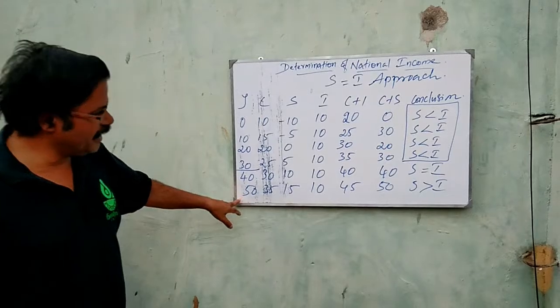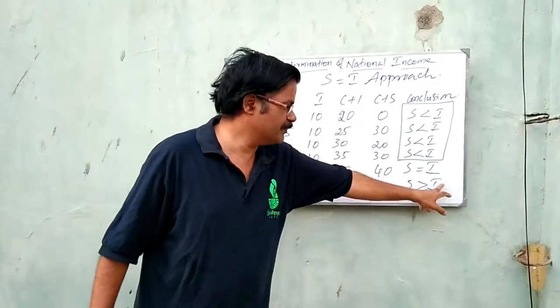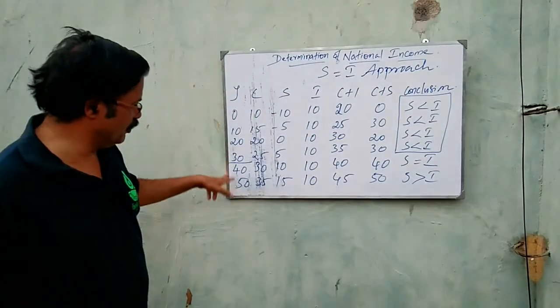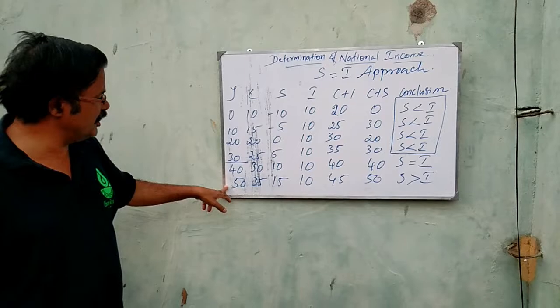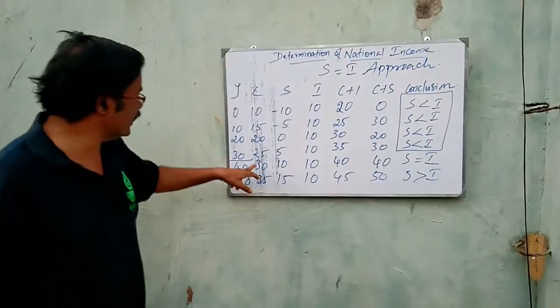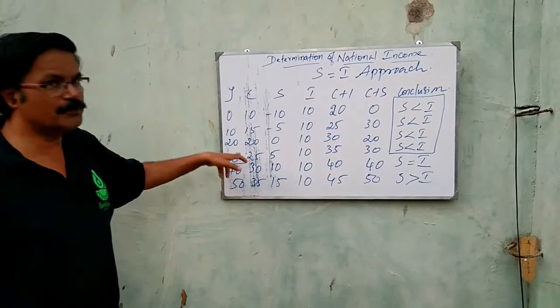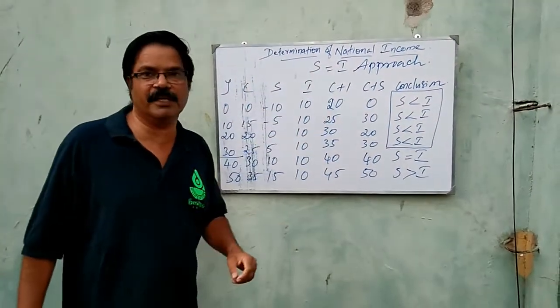But beyond 40, again you can see that saving is greater than investment. So according to this schedule, the equilibrium level of national income is achieved at the point where S and I are equal, that is when the national income is 40. So 40 is actually the equilibrium level of national income.